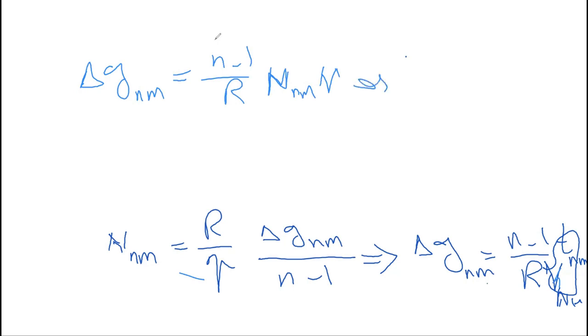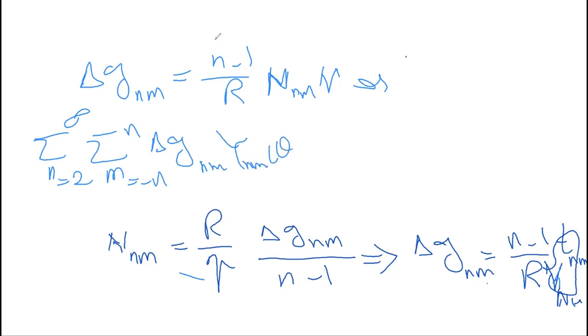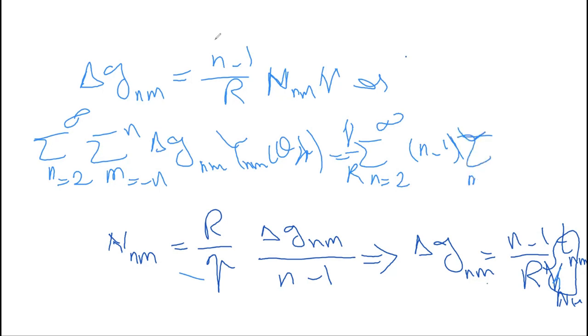From this, if I perform a spherical harmonic synthesis, from degree 2 and order m, delta g at theta, lambda is a spherical harmonic synthesis of the sum n from 2 up to infinity, with gamma over r here, (n minus 1), sum over m from minus n to n, of N_nm times Y_nm of theta, lambda.